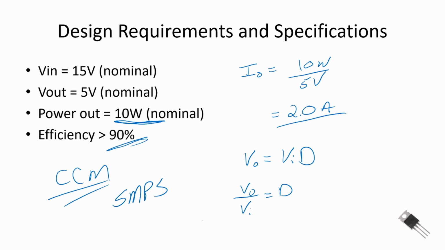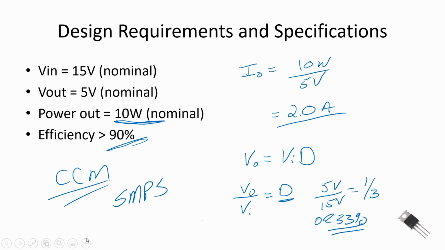Oftentimes, we are going to be using some form of controller to regulate and automatically adjust the duty cycle as the input-output voltages fluctuate with loading. And using this as an estimate, we see that we have 5 volts divided by 15 volts, and that gives us a duty cycle of about 1/3 or 33% is what we can estimate for our duty cycle.